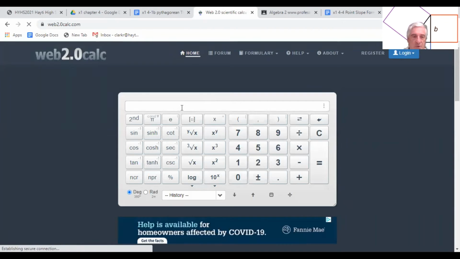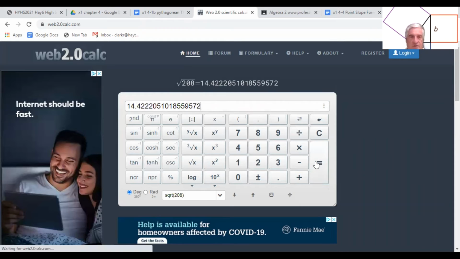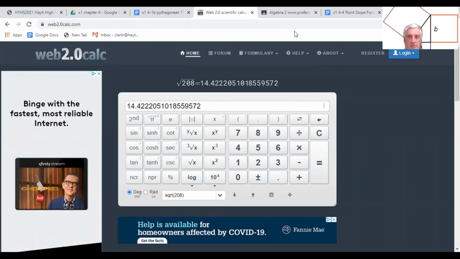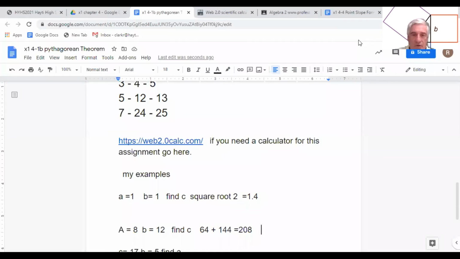So we put in 208, and we hit the square root key. Square root of 208 is equal to 14.4. The square root of 208, as we just did on the calculator, was 14.4. And once again, check. This needs to be the biggest side. Our sides are 8 and 12. This needs to be bigger than 8 or 12.